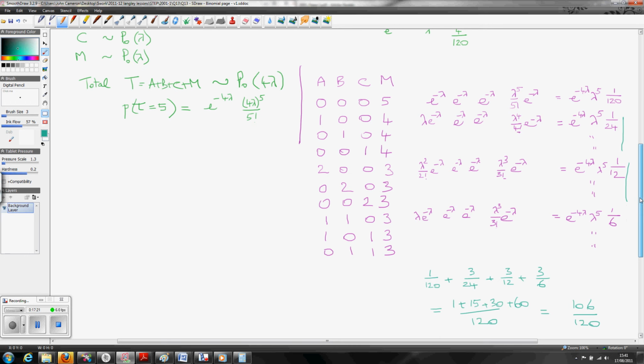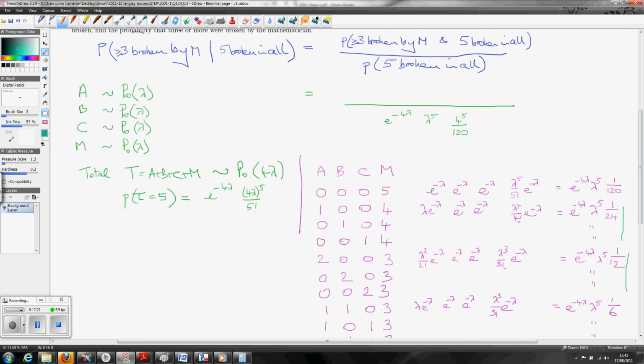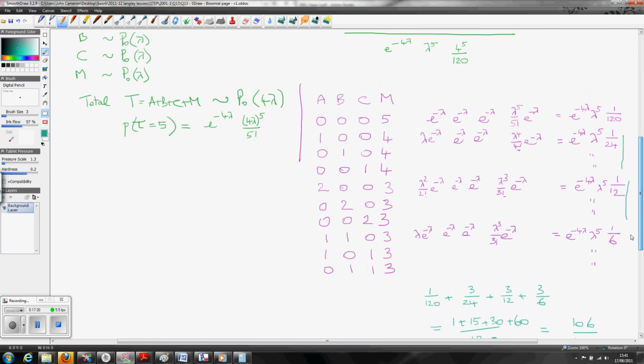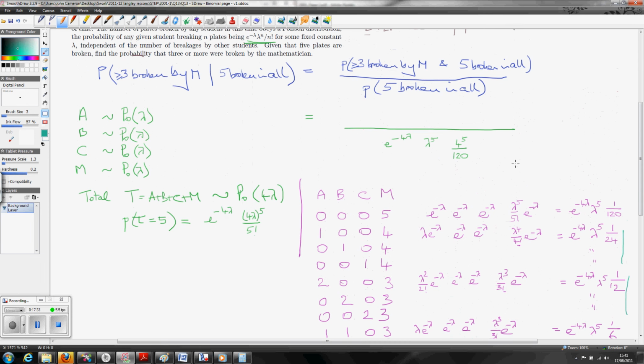Okay, so let me go back up here and put in the probability that greater than or equal to 3 are broken by M and 5 broken in all is that probability that we've just worked out there, which is 106 over 120 times e to the minus 4 lambda, lambda to the 5.